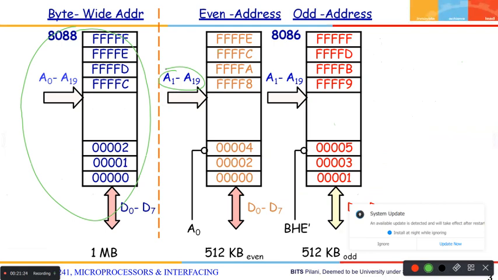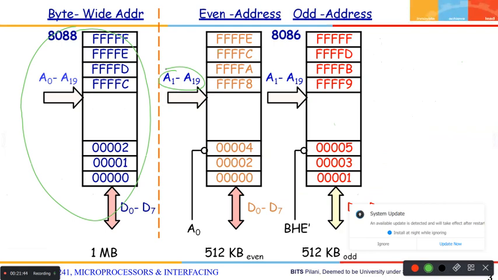Now, see here. Bus high enable. You must have seen it in the pins and signals. Whenever the microprocessor needs to access the higher order data bus, bus high enable will go low.